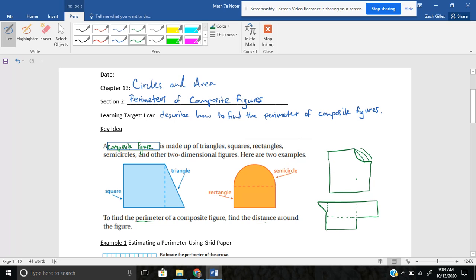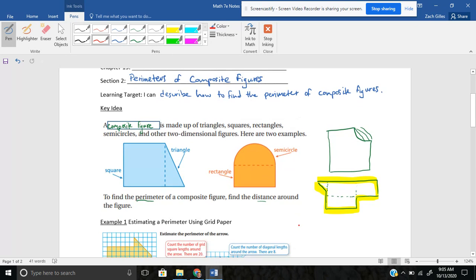You kind of get the idea. But the perimeter, remember, is the distance around something. Okay, so we're measuring this distance around different figures. Could be for a fence, could be for a pool. A lot of different examples. Maybe you're going to put in a garden. I can think of a lot that someday you might need to know.